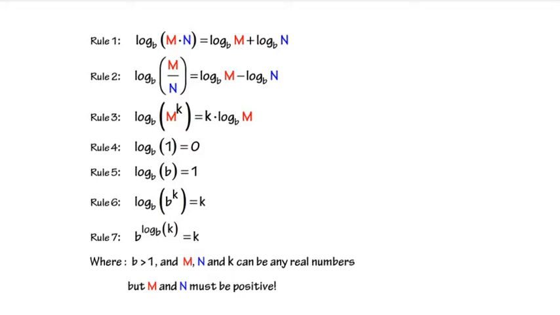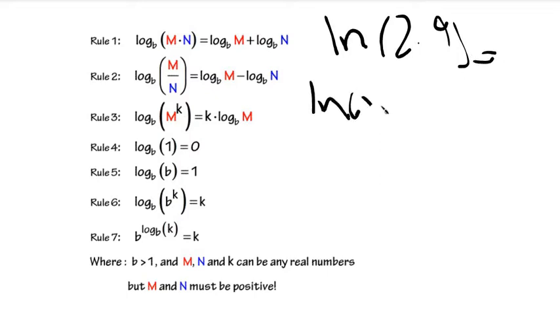First rule, simple. If you're doing a logarithm of any base of something multiplied by something, so let's say 2 multiplied by 4, and let's do natural log, this would be equal to natural log of 2 plus natural log of 4.